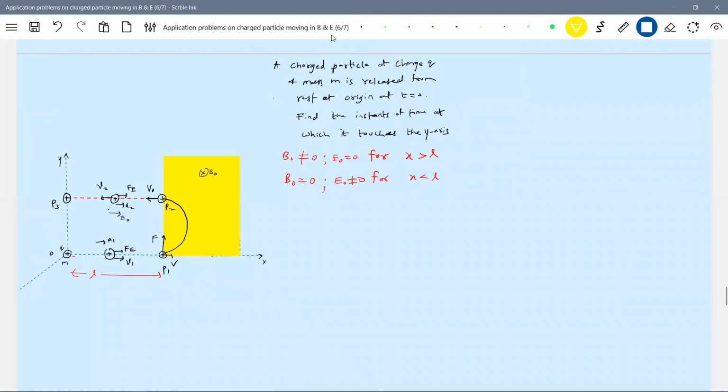Hope everyone is able to follow. If I extend this, what will happen to the charged particle? It is going to again enter the magnetic field with the same velocity v naught.